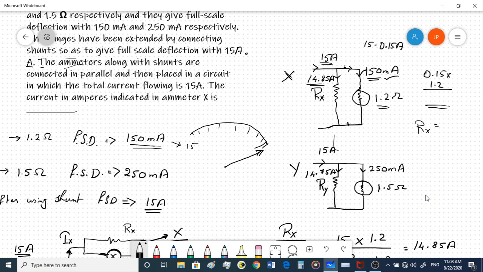So Rx will be equal to the voltage that you get over here. So let's see what is the value. 0.15 into 1.2, you will get as 0.18, divided by 14.85.